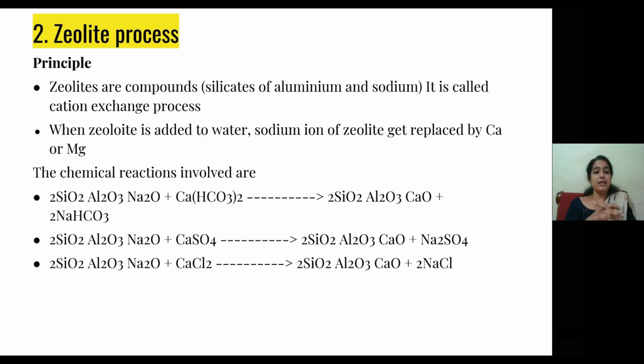The exchange process happens, and the calcium and magnesium are replaced by the sodium ions. In the third equation, the zeolite 2SiO2 Al2O3 Na2O reacts with calcium chloride to give 2SiO2 Al2O3 CaO plus NaCl.